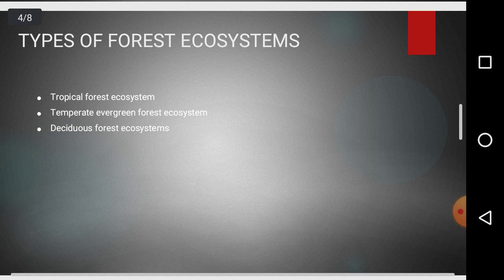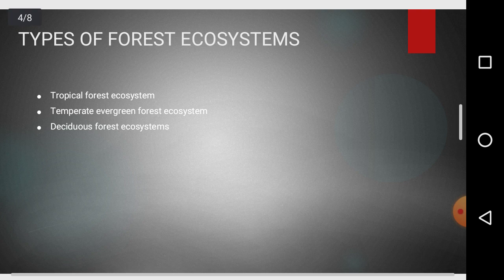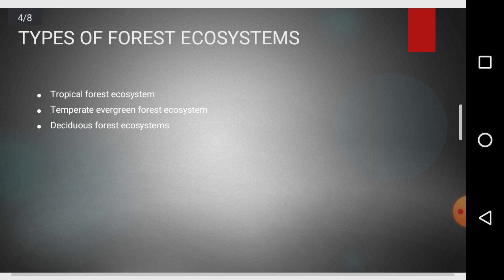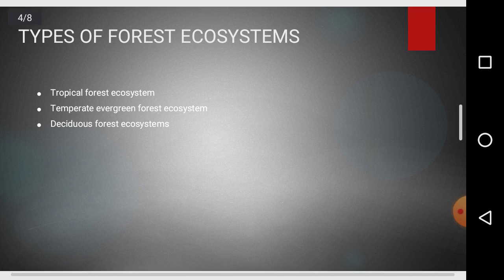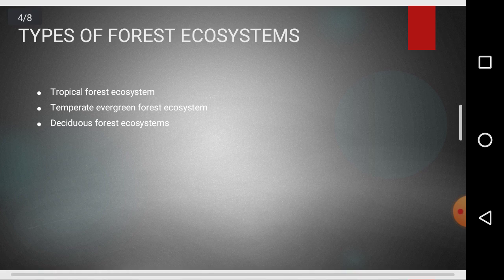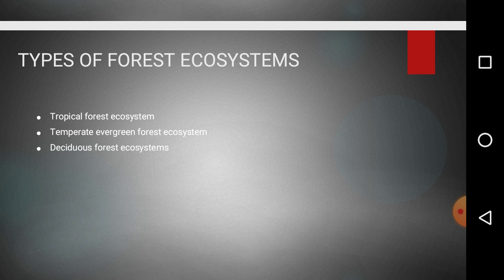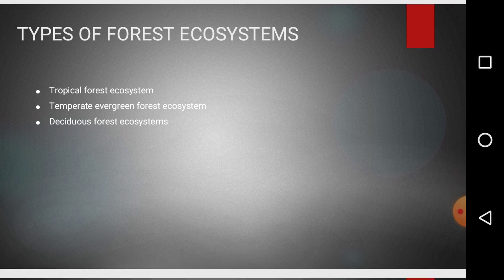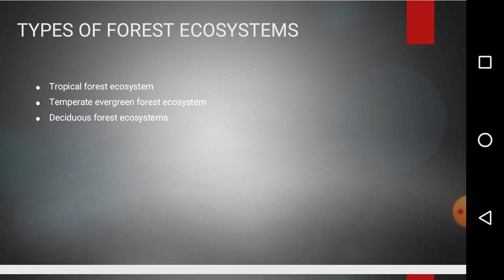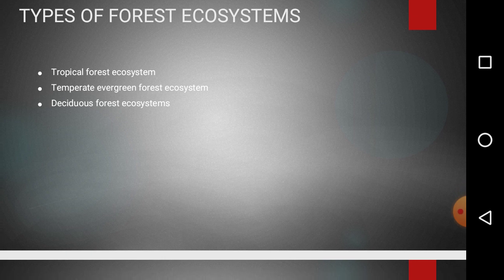Heavy rainfall in this type of forest ecosystem may lead to poor quality of soil due to lack of nutrients. In addition to this, the vegetation of the tropical rainforest includes broadleaf trees that are very tall.